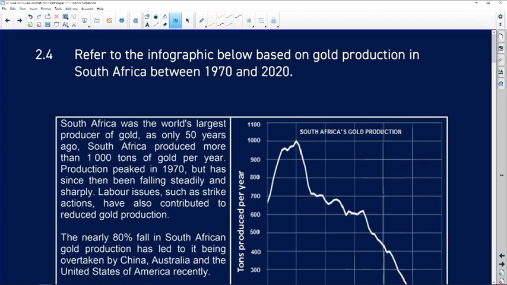2.4, refer to the infographic below based on gold production in South Africa between 1970 and 2020. First and foremost, if we look at gold, we know it's mining and it's a primary activity.